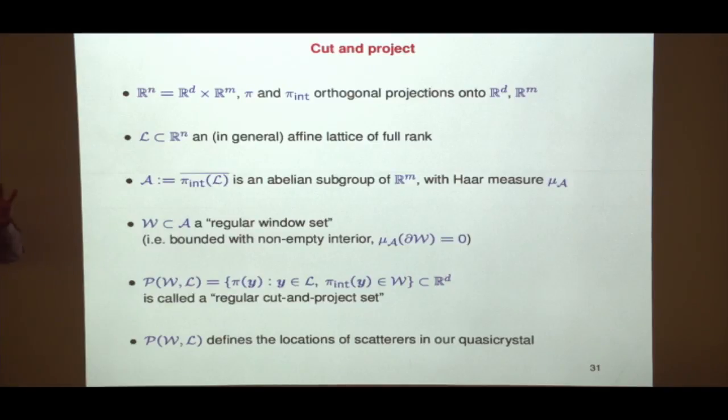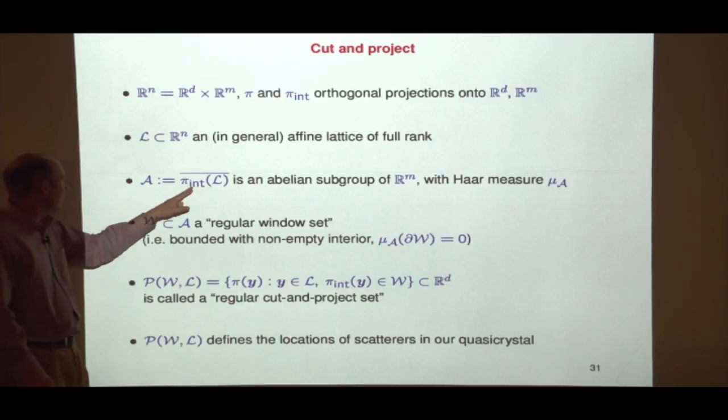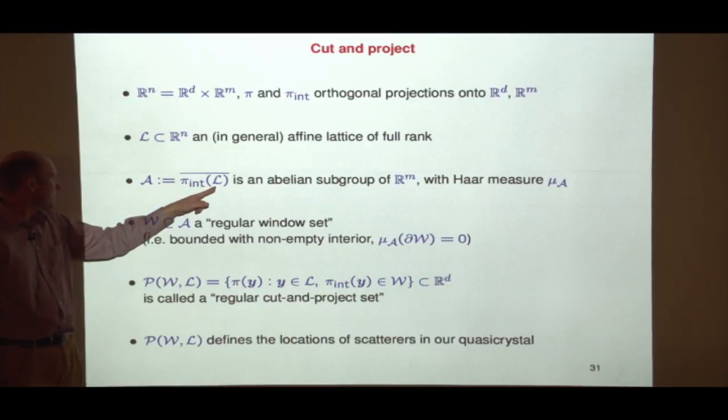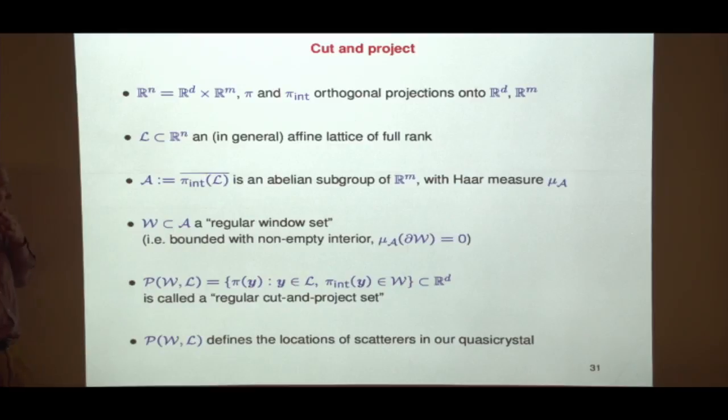And then we're going to filter out a few points, because we don't want to have a dense set, but we want to have a discrete point set. And this is done in the following way. So first of all, let's look at the projection onto our internal space and look at the closure. This will be some abelian subgroup, and we'll have some Haar measure on it.